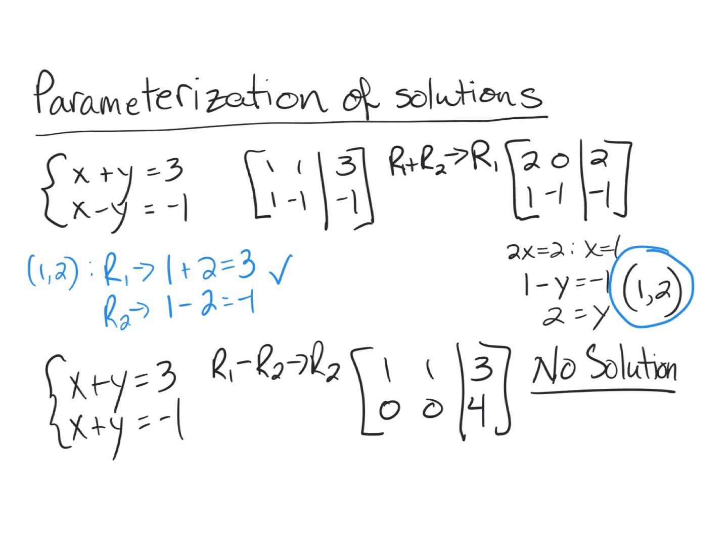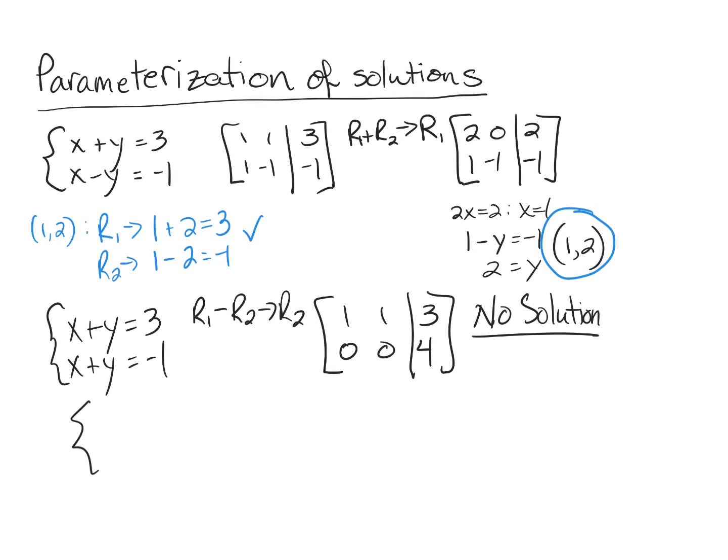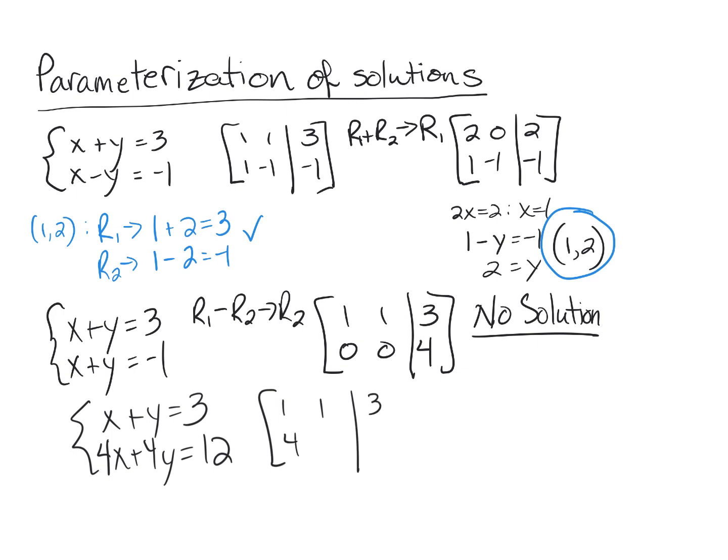Okay, last example with a 2 by 2, x plus y equals 3, and let's say 4x plus 4y equals 12. This is very simplistic, isn't it? So I have 1, 1, 3, 4, 4, 12.